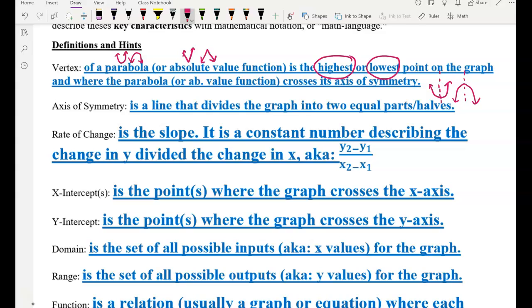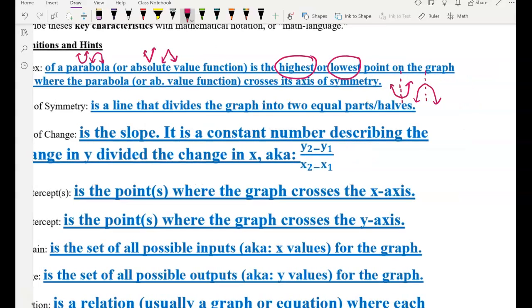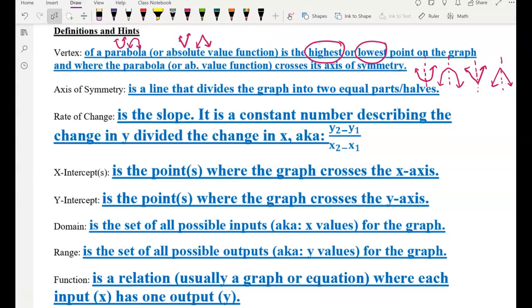It's going to be a line, so that means it will be an equation, okay? If we were to have an absolute value function, there's a line that also bisects it directly in the middle. So that means the left and the right would be exactly the same. So axis of symmetry is a line that divides the graph into two equal parts or two halves.